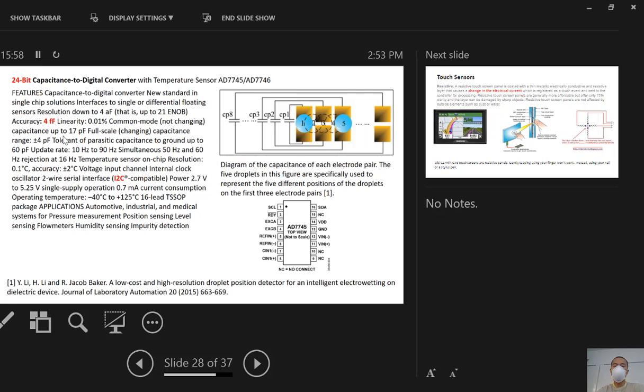And this one has a sensitivity of 4 femtofarads, which means if you use the capacitance meter or the measurement tools in the lab downstairs, you actually cannot resolve the capacitance change at the input of this sensor.